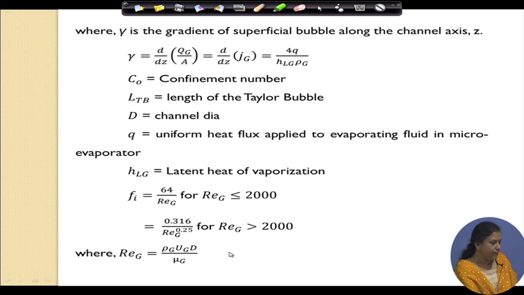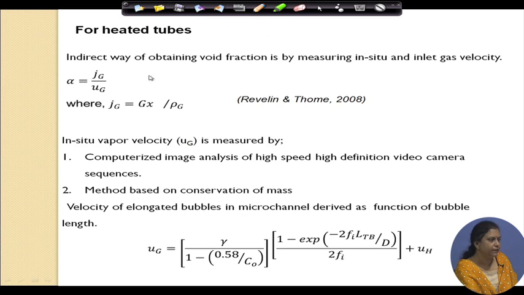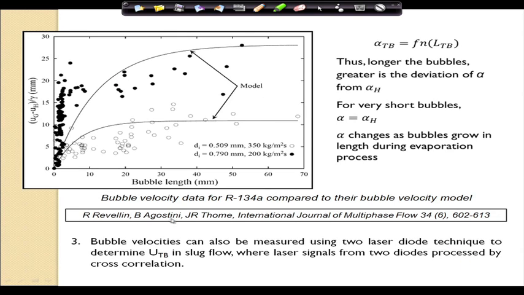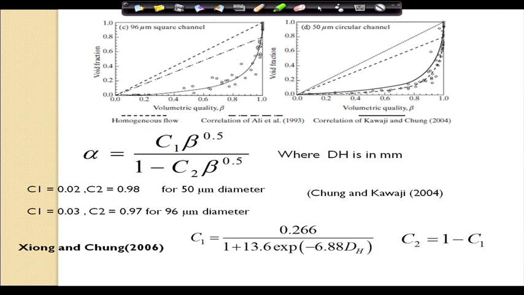From here we find UG, and once we find UG, then we can find JG. Several people, Revellin and Thome, have tried this out and found two things. Alpha is a function of length, and the longer the bubbles, the greater is the deviation of alpha from alpha h. This is what we had observed in our experimental results, even in the adiabatic cases as well as in previous experiments performed in boiling heat transfer.